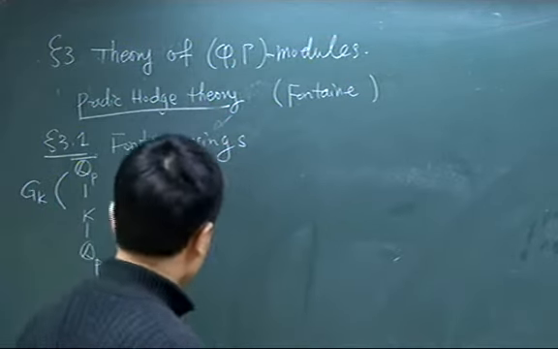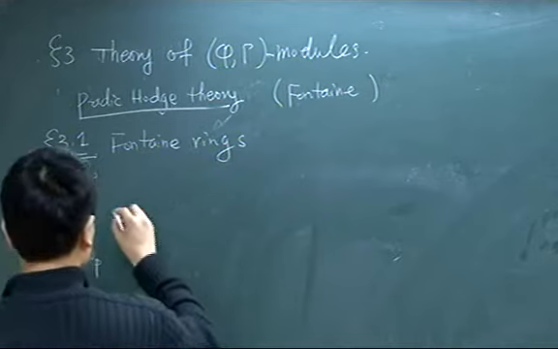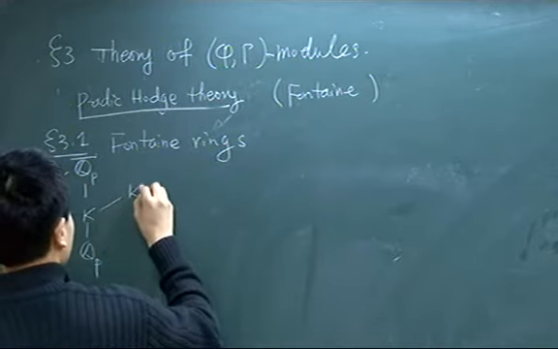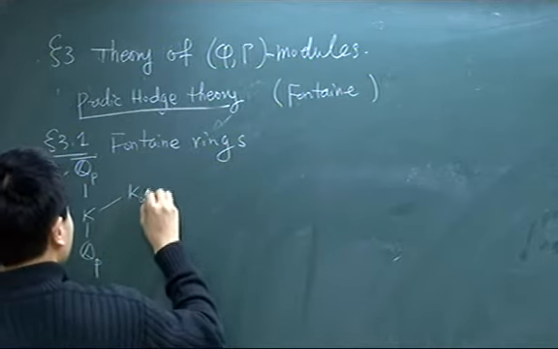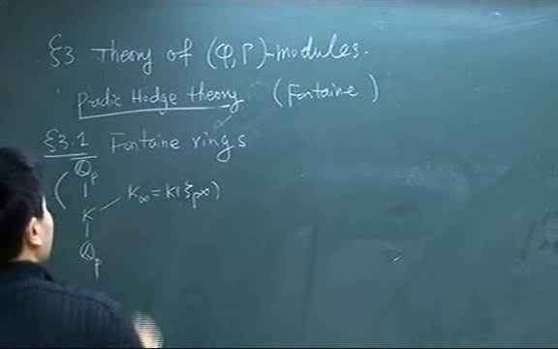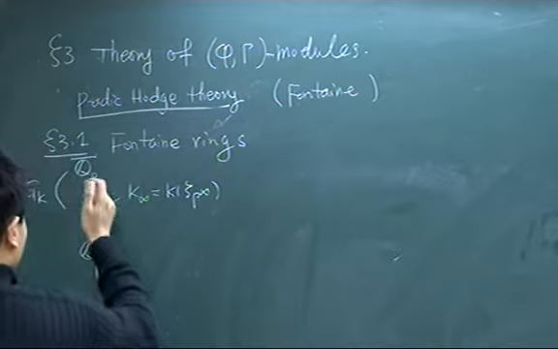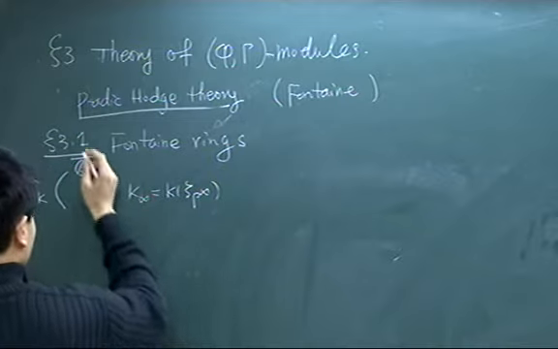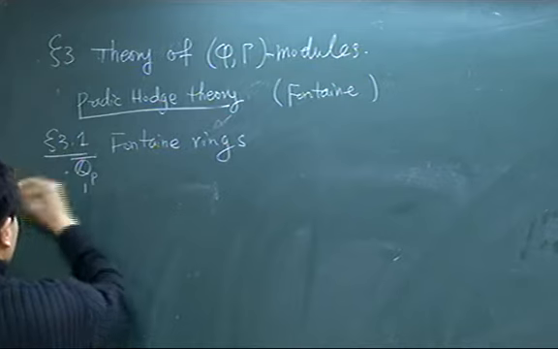As I explained last time, we also have this so-called K_infinity. This is just K(mu_{p^infinity}).